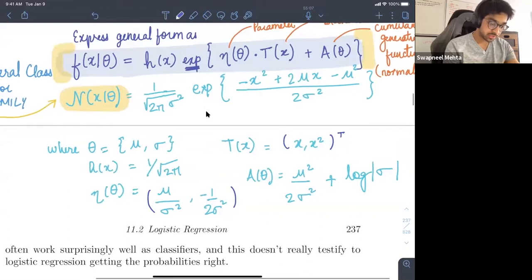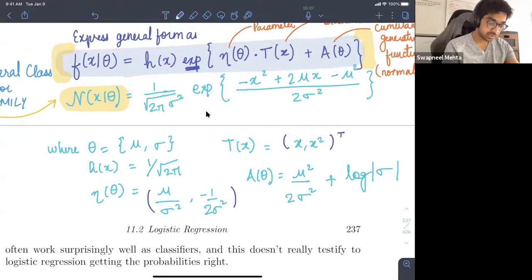When you multiply these two vectors, you obtain mu by sigma square times x, and minus 1 by 2 sigma square times x square.